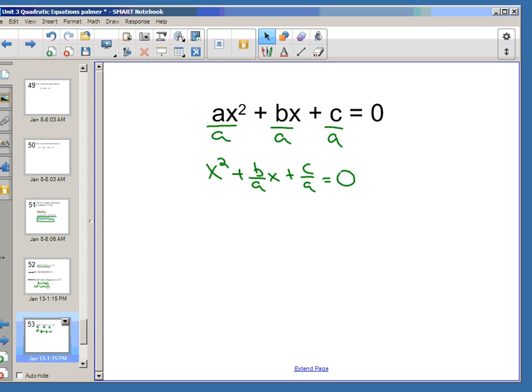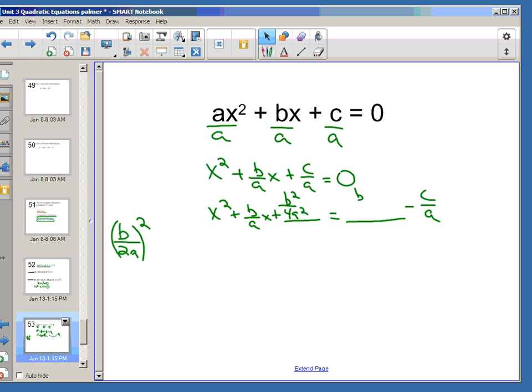All right, so the next step then is to complete the square. So you've got x squared plus b over a x plus blank equals something, and I'm going to put minus c over a. So I had to move that c over a over. So remember what we did. We took half the middle term, so half of b over a is b over 2a, and we squared it. And we added that to both sides. So if we square that, that's b squared over 4a squared.